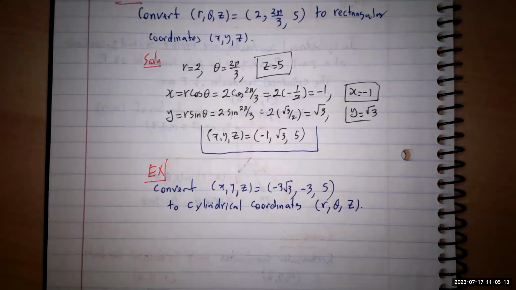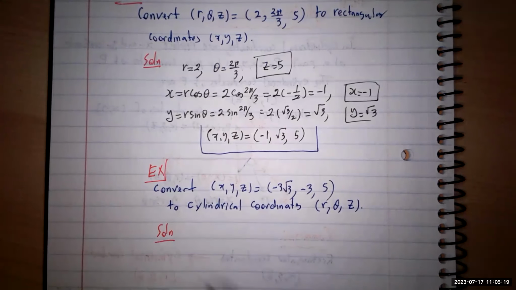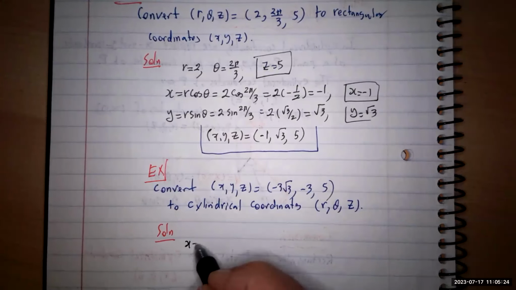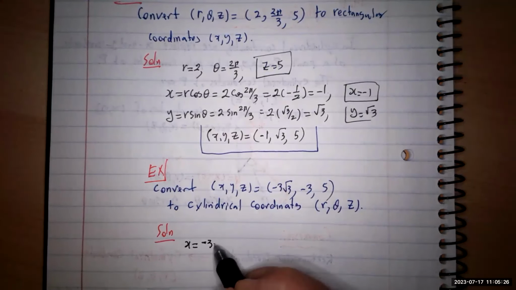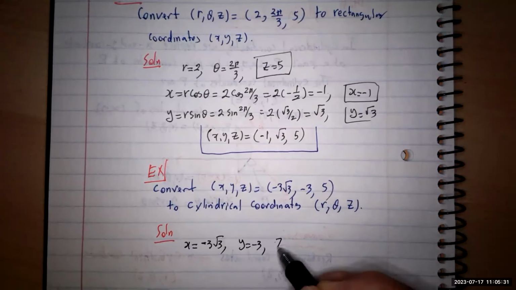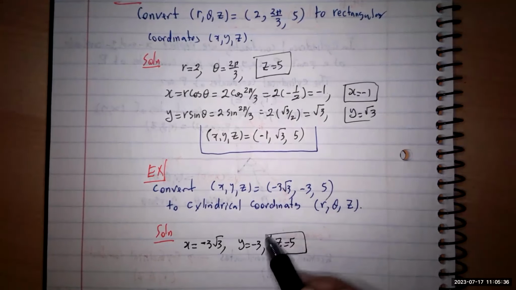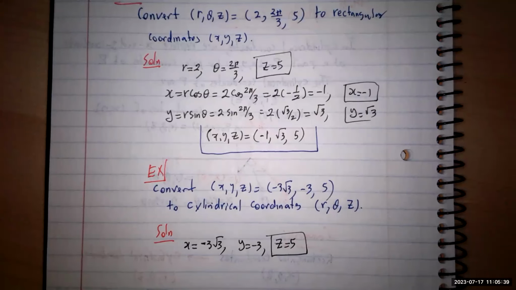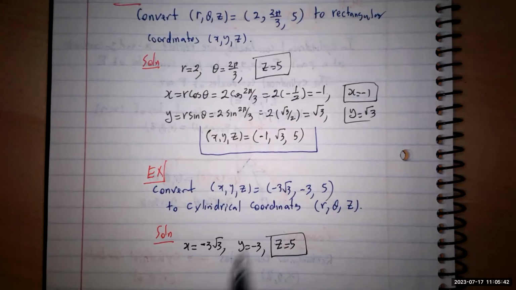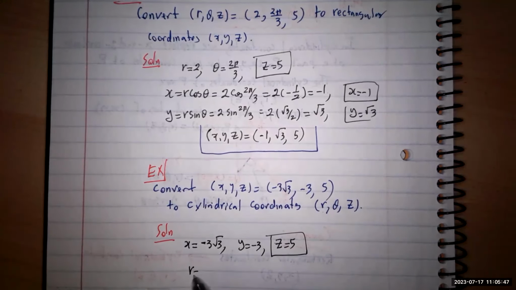Okay, again, collect the information that you have and change it to what you are looking for. The information given in terms of the rectangular coordinates: X is equal to -radical 3, Y is equal to -3, and Z is equal to 5. Again, the Z is going to be fixed, so you already have the Z. You need to find the r and the theta, as in polar form. So your r is going to be the square root of x squared plus y squared.